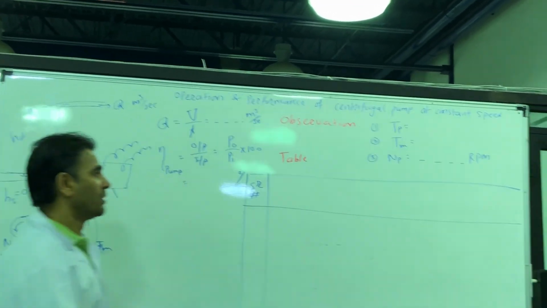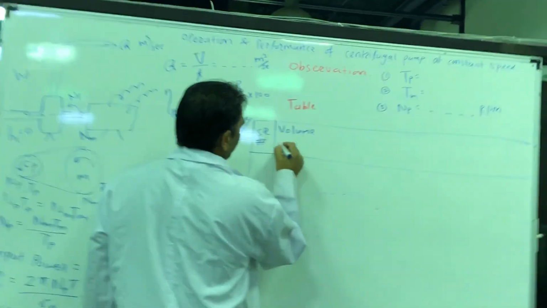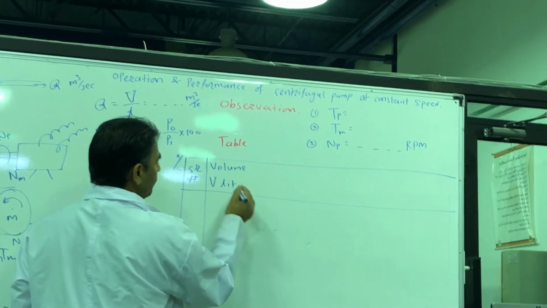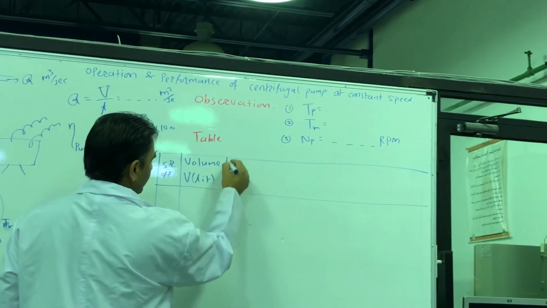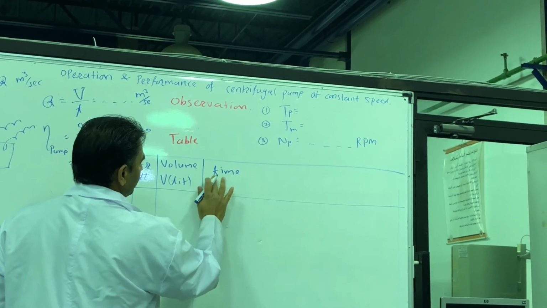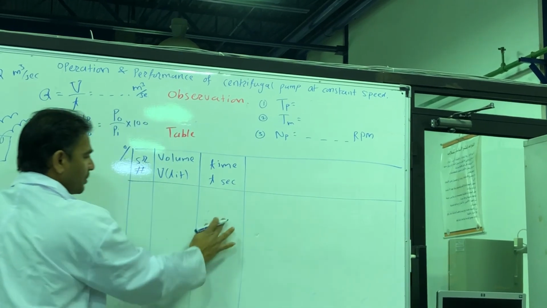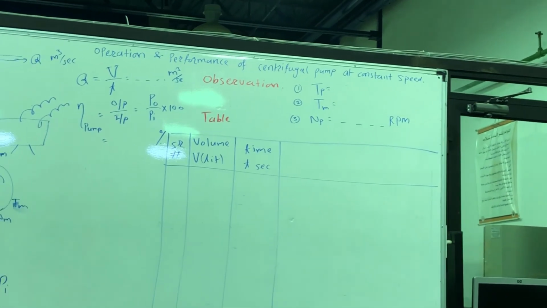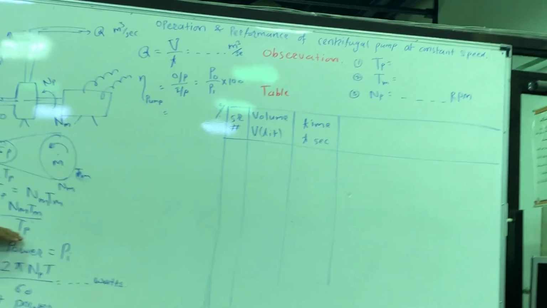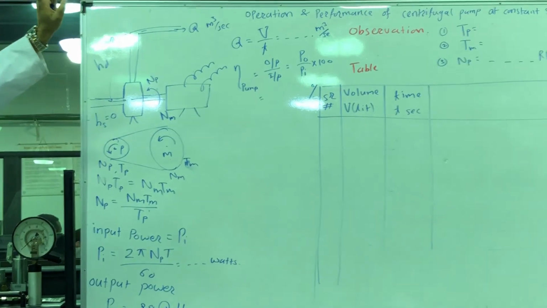I need to observe, so I will write volume V in liter. Then I will measure the time for that, time in second. This is observation. Next, NP, which I calculated. This is the first time on constant speed. So constant speed I found now.